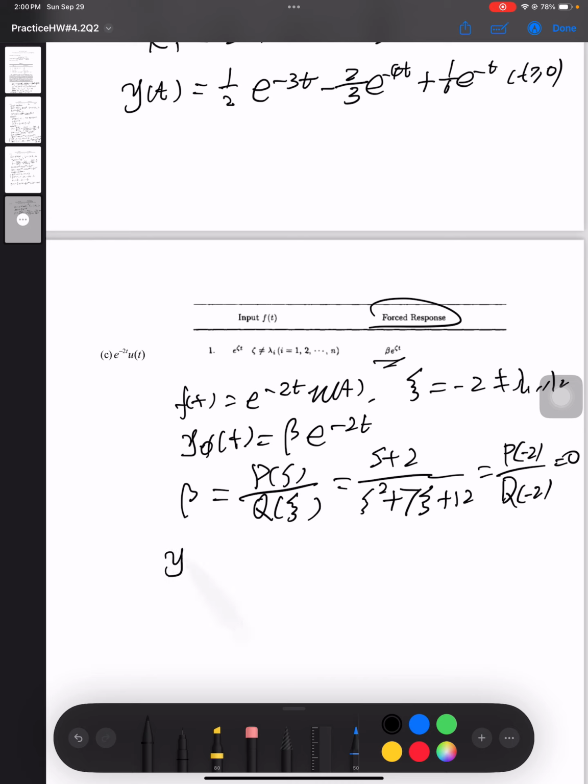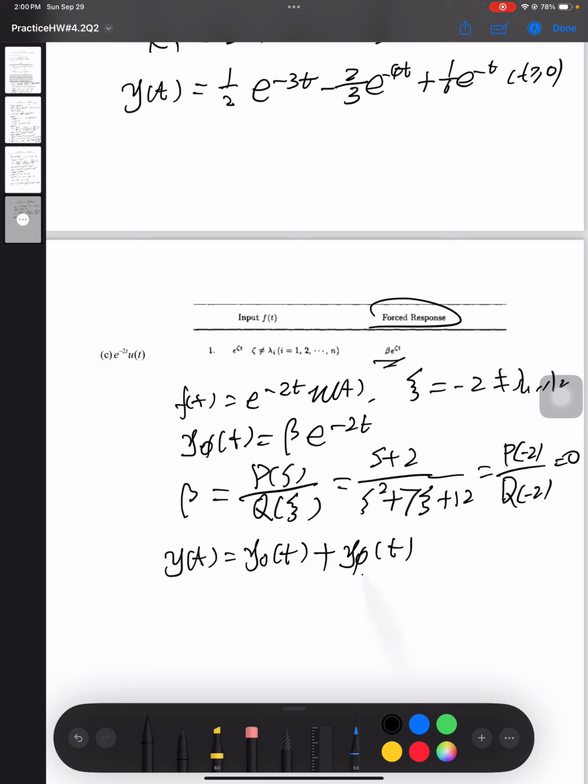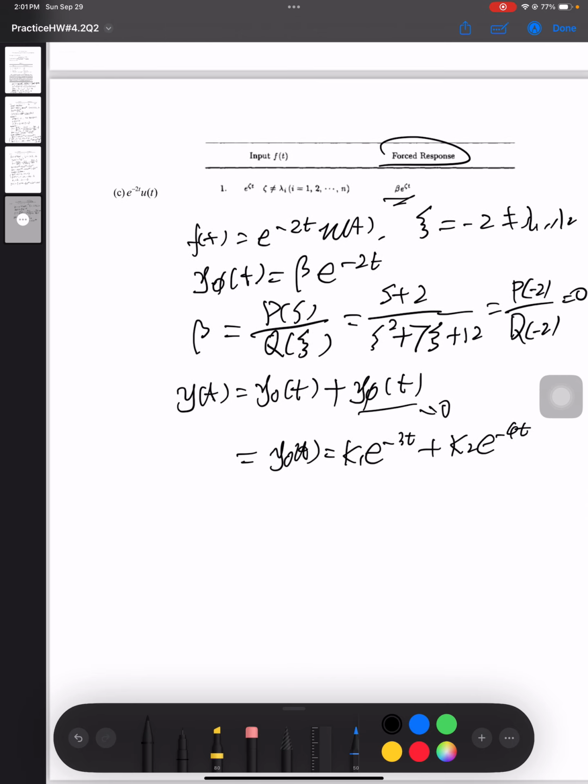So eventually y(t) is the natural response plus forced response, and of course the forced response equals 0, so it just equals the natural response, which is k1 e^(-3t) plus k2 e^(-4t). This is even easier than the previous two questions.